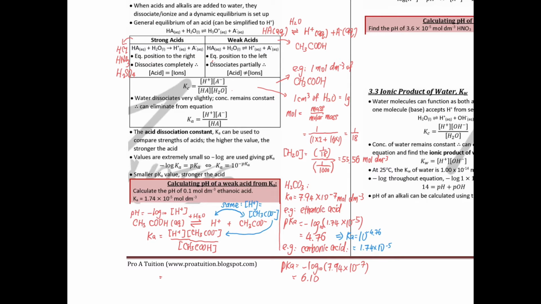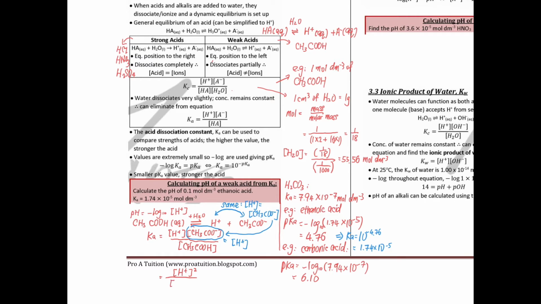So the numerator becomes the concentration of H plus to the power 2, because the N ion has the same concentration as the H plus.